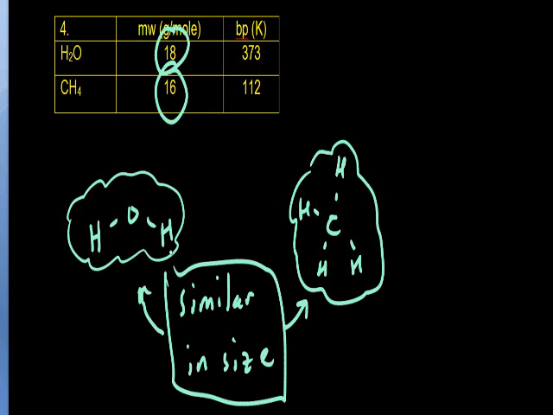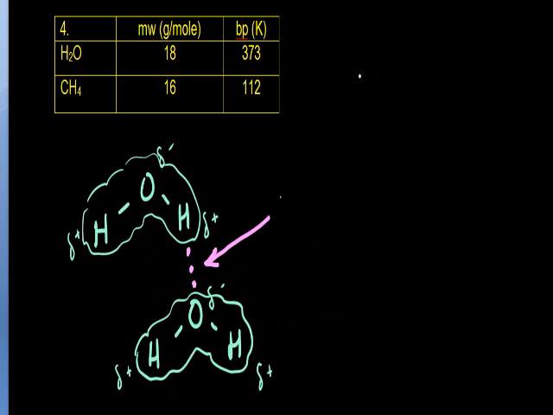And yet we can see, even though they're similarly sized molecules, there's a marked difference in their boiling point, where water is 250 degrees Kelvin higher than the boiling point of methane, even though the particles or molecules here are very similar in size to one another. The reason for such a marked difference in the boiling point of two similarly sized compounds is that very polar water molecule has the capacity to make hydrogen bonds between molecules.